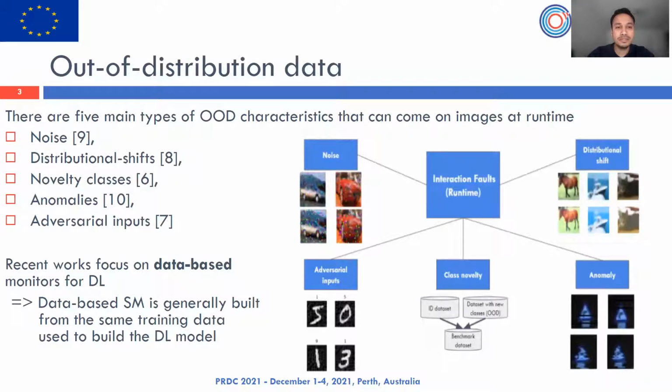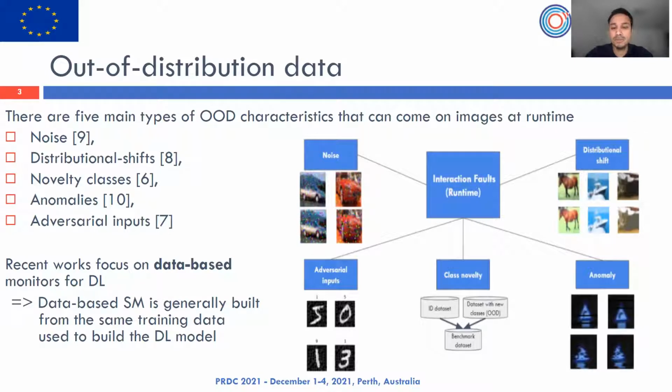And for out-of-distribution data, we are considering 5 types. The first one, for example, is noise. As you can see, some errors in sensors can yield this kind of problem.